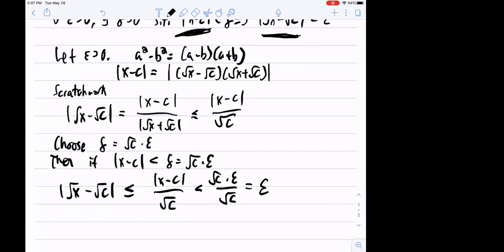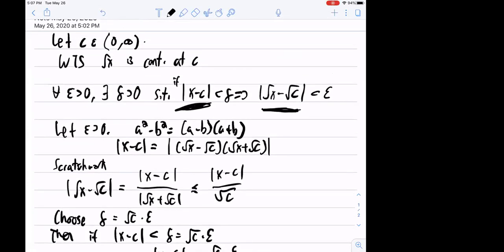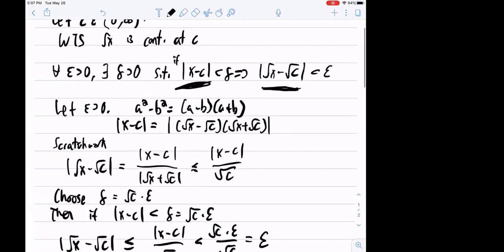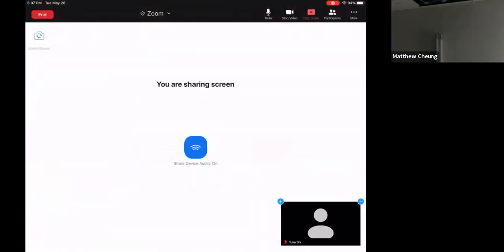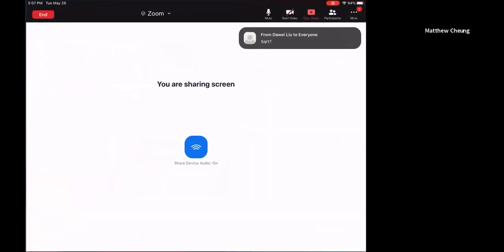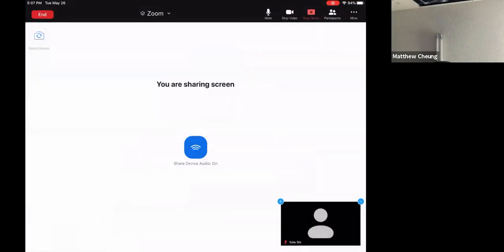Now my question is, why did I assume c is between 0 and infinity? Why can c not be 0 here? Square root of 0 is 0, that's perfectly fine.